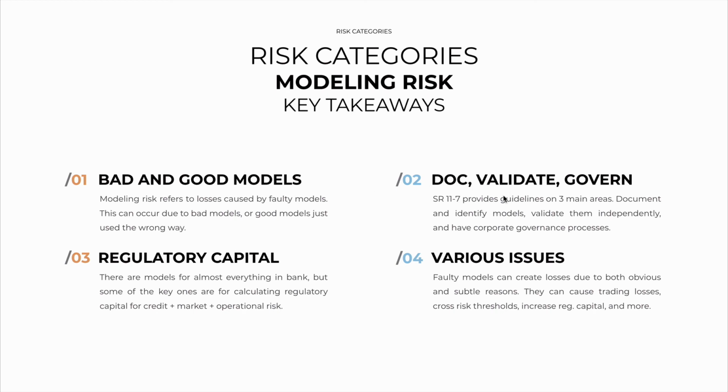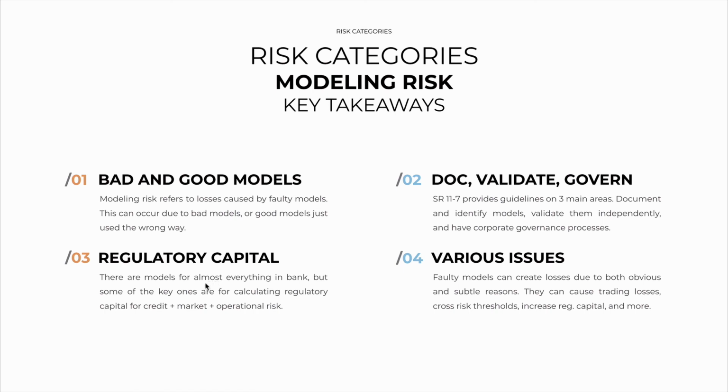Then, the SR 11-7 guidance from the Federal Reserve Board provides three main areas of best practices for model risk management. First, models must be documented and identified. They must be validated independently, and there must be corporate governance processes regarding their use and management.